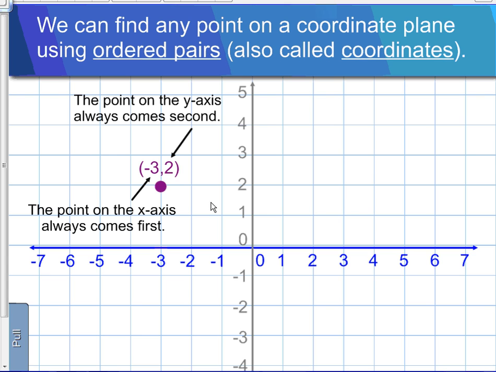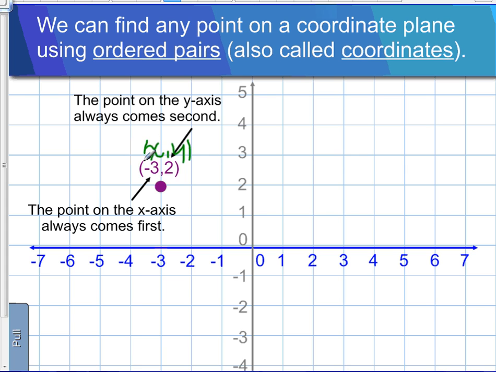In this case, we have -3, 2, and it's this dot right here. The first number in your ordered pair, which is what this is called, is always your x, and the second one is always your y.